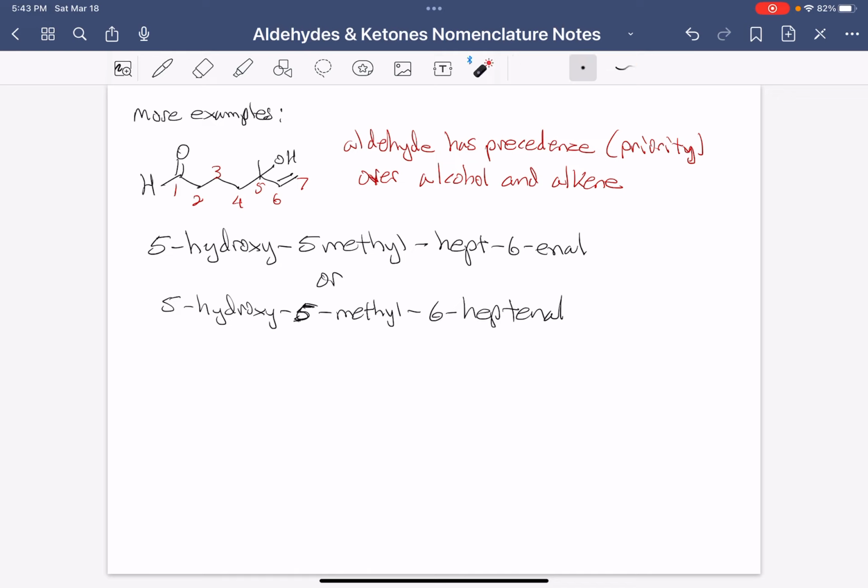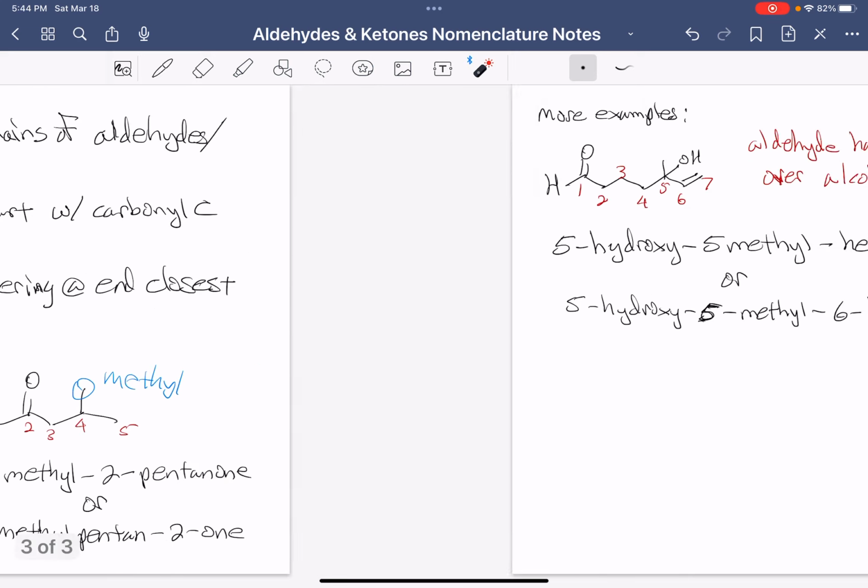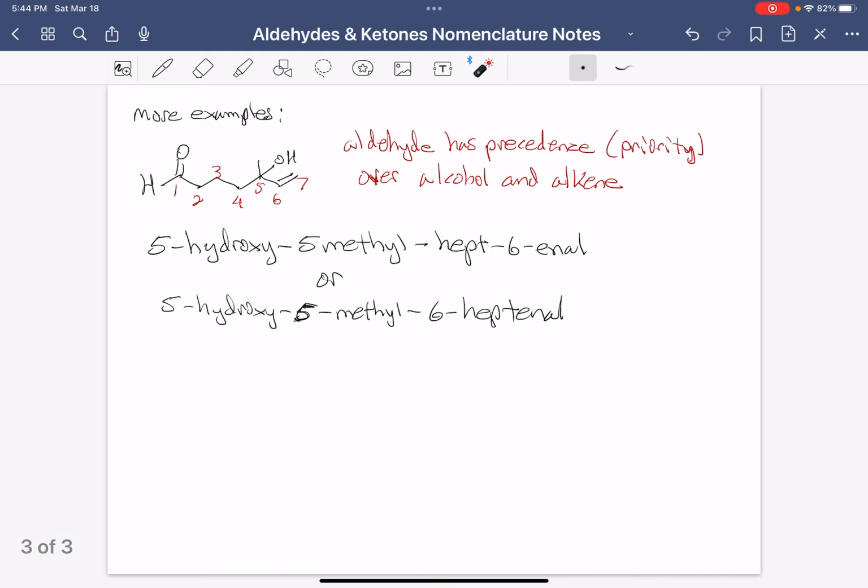And notice that because the parent chain here is an alkene, it is an enal. So we have our en as part of our root there, as opposed to an when we just have an alkane as our main chain.